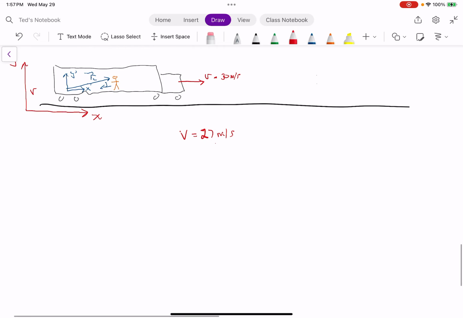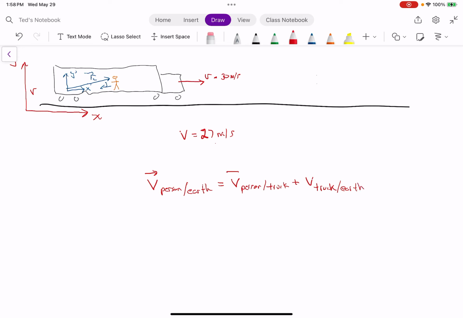And what we're getting at is a general principle that says the velocity of the person with respect to the Earth, okay, my pencil is still acting very badly, is equal to the velocity of the person with respect to the truck plus the velocity of the truck with respect to the Earth.